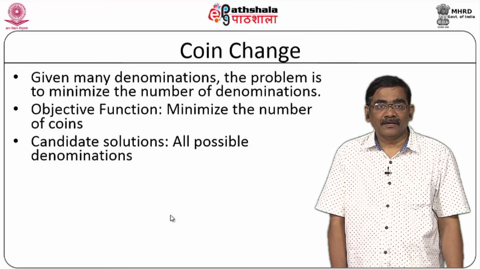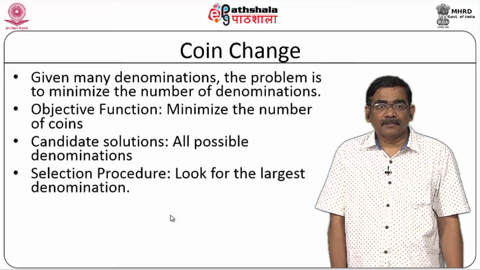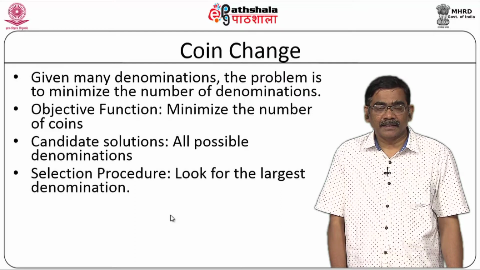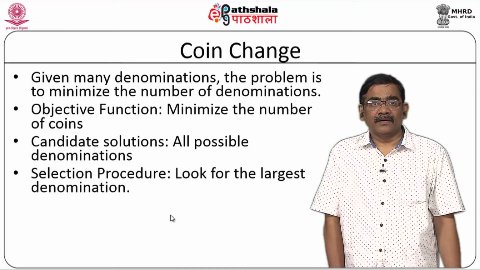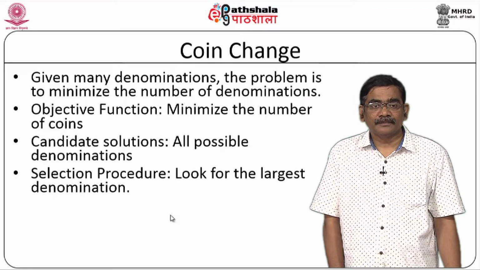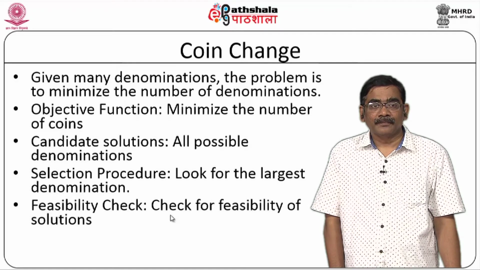Every way constitutes one candidate solution. So, in the greedy algorithm, I have to go for a selection procedure. I have to look for the largest denomination. This is what the selection procedure is all about.